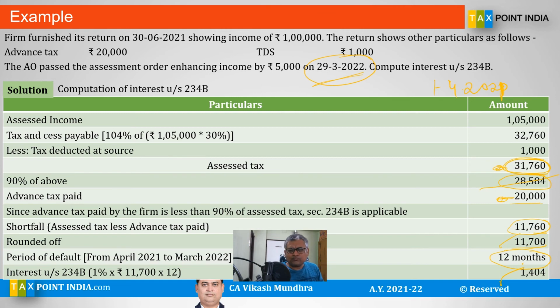One more question may arise. One more type of illustration may arise, that is like this. What happens if 11,760 was paid at the time of self-assessment, at the time of filing return of income? If this is the case, then your interest liability shall be done proportionately. How will it be done?